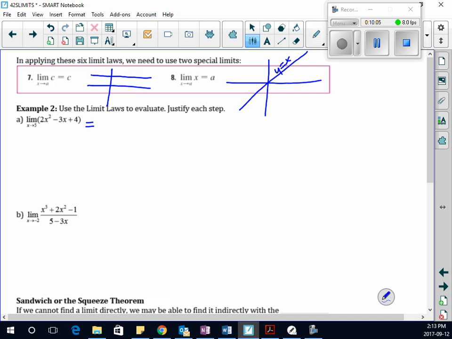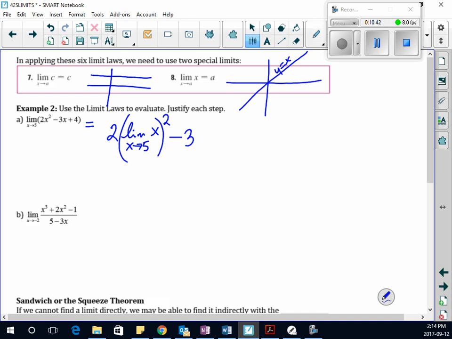I'm going to take out the 2, so the 2 is going to come out front. Then I'm going to have the limit as x goes to 5 of x squared, and remember the power, I can find the limit of x first, and then I can square it, right?